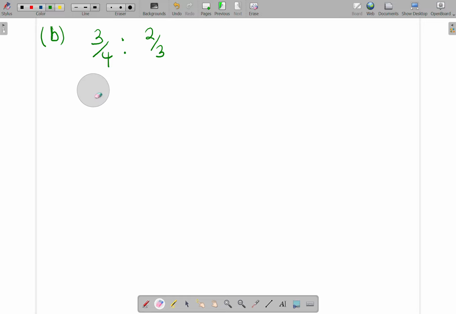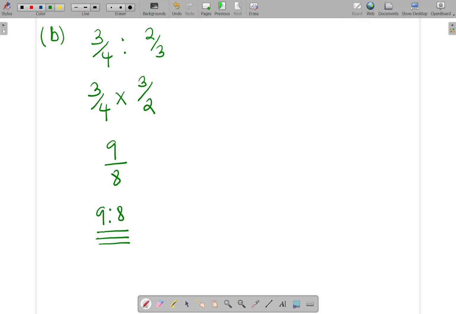By using change sign and swap, I'll simply say this is the same as 3 over 4 times 3 over 2. We have changed the sign and swapped. So this is now going to give me 9 to 8. So the ratio is 9 to 8.